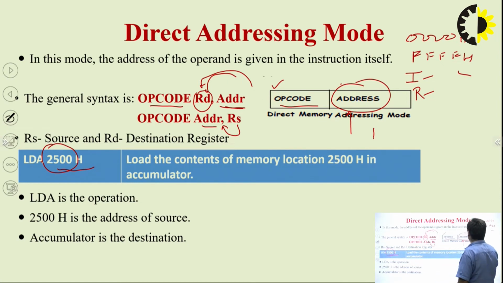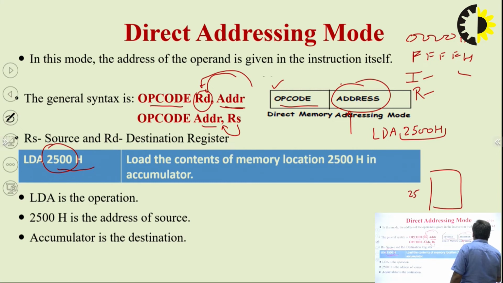Here I am writing LDA, let us say any memory location, 2500H. So we are loading the contents of the memory location. In this memory location, some contents will be there. For example, I am taking 0402H, any content.